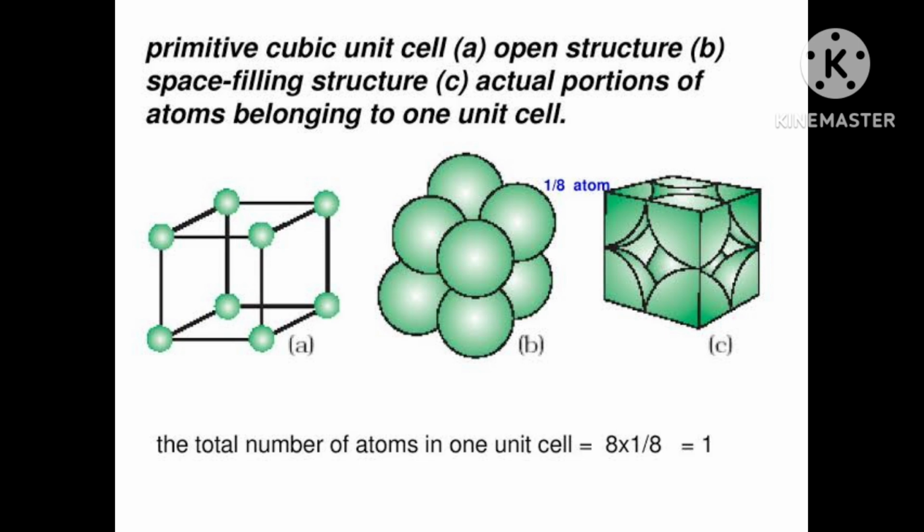For 8 unit cells, 1 atom is there, so for 1 unit cell, 1 upon 8. Correct? This is the actual situation. Only 1 upon 8th of an atom belongs to a particular primitive cubic unit cell.